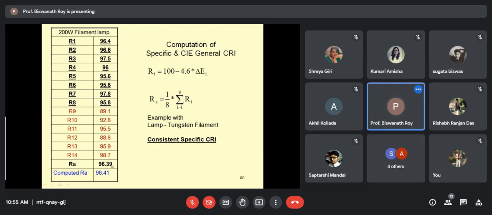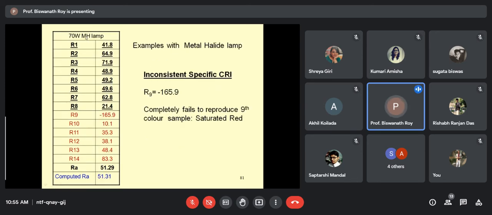So the specific CRI values are shown in this table, and the Ra, which is the mean of these 8 values, is 96.39. Okay, so see, the average value is very close to the individual values. That is, standard deviation is very less.